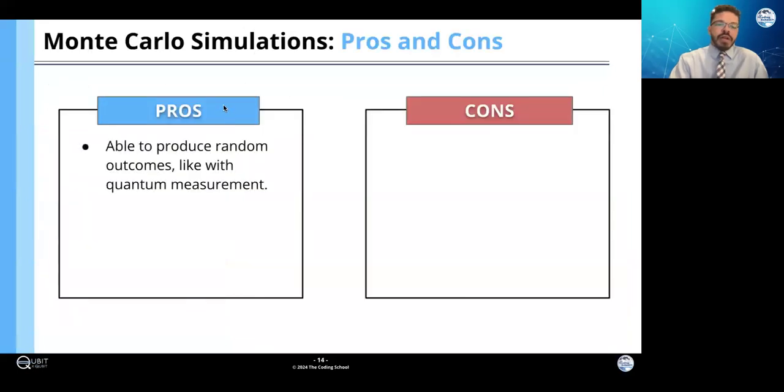So, pros and cons of Monte Carlo. The pros are it has that randomness built in. So some of the randomness that comes with measurement, you don't have to add on the back end like you would with a state vector calculation. It's relatively efficient. What that means is instead of the state vector calculation where it scales exponentially, you can get away with fewer calculations.